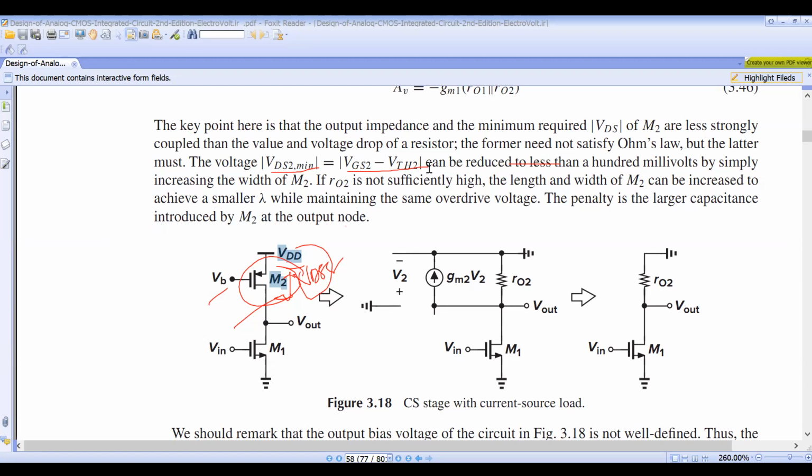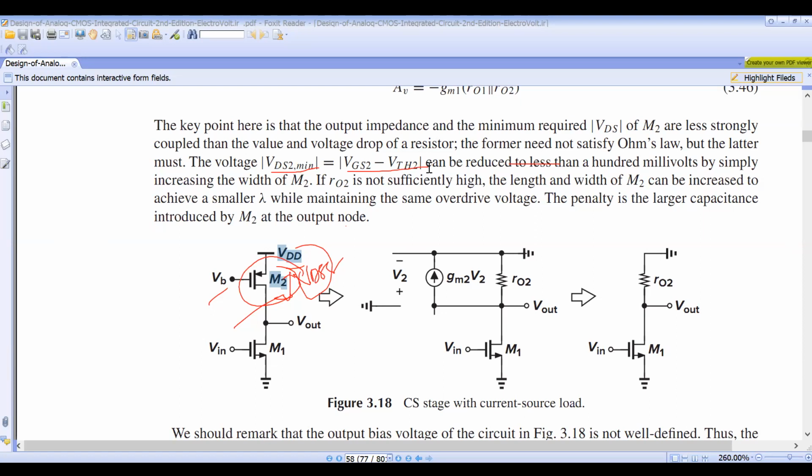Now R02 means the M2 output resistance. If the M2 output resistance is not high, your gain will be less. To get more gain, it should be high.